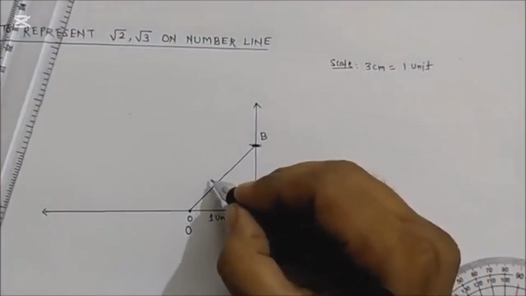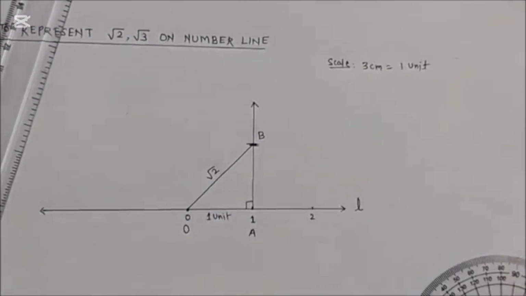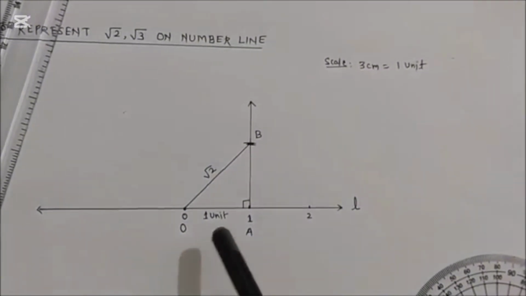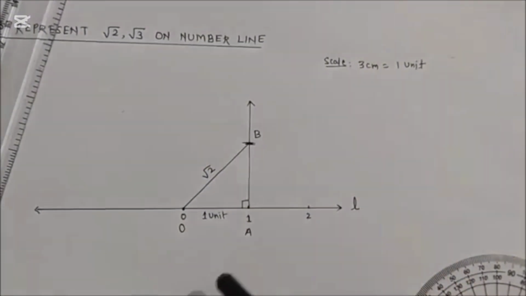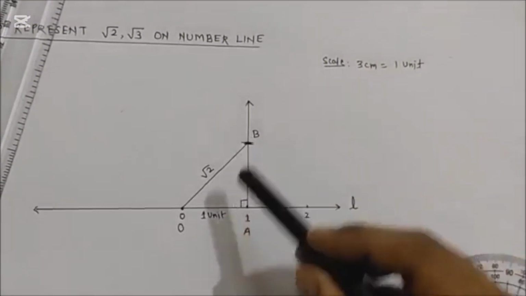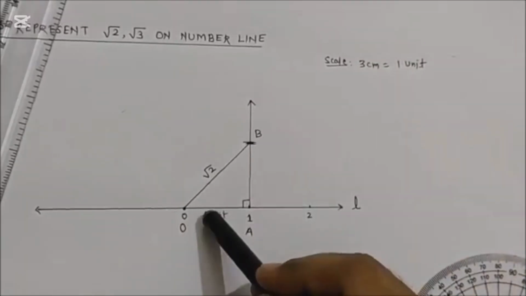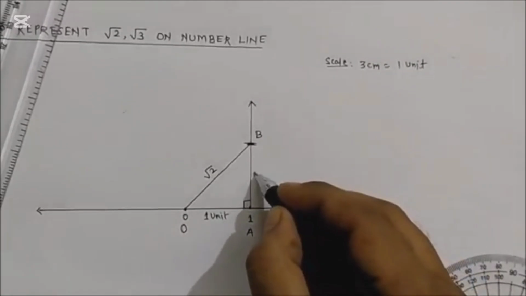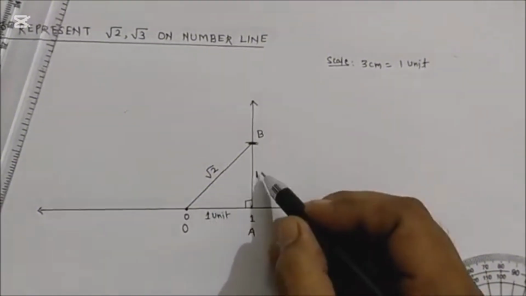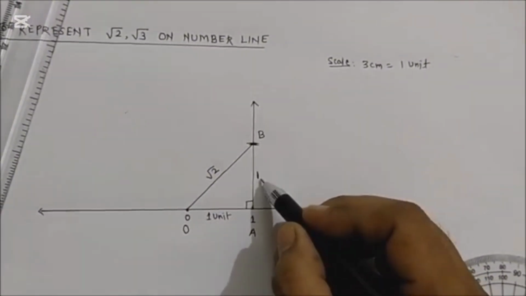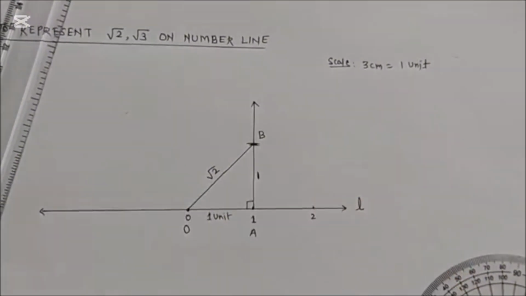This distance is root 2, because in triangle OAB, by Pythagoras theorem, OB square equals OA square plus AB square. So OB square is 1 square plus 1 square, that is 1 plus 1, 2, and you get root 2.